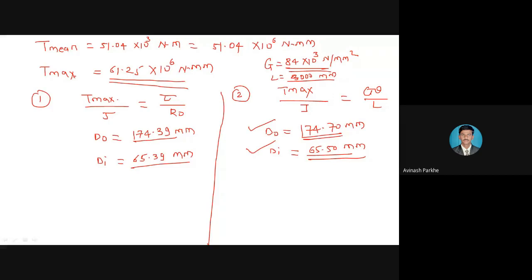I hope everyone has understood and everyone has done the calculation in your notebook. Here the calculation part is very, very important. So please do the calculations properly. Yes, anybody having any problem, that part is not understood? Have you understood this particular concept?